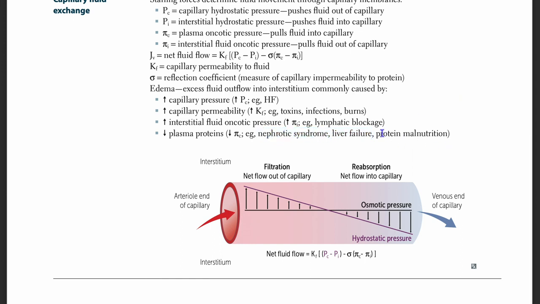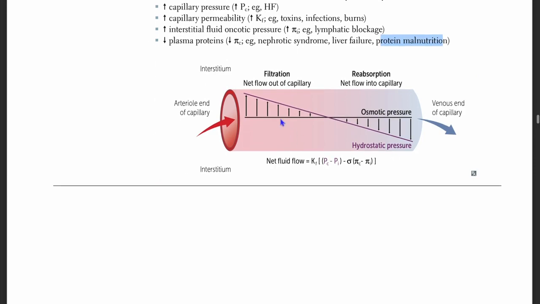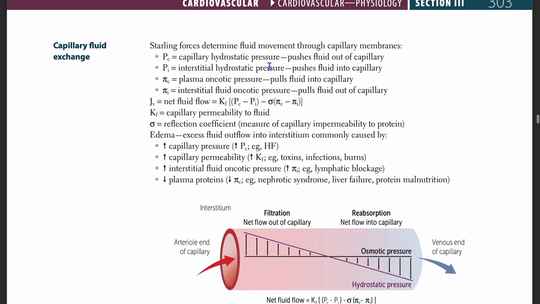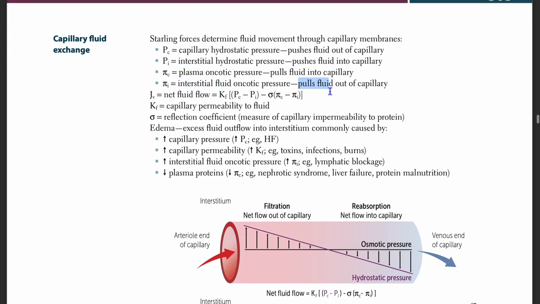And also if you don't eat enough protein, malnutrition. So just remember, hydrostatic pressure pushes and oncotic pressure pulls. Capillary hydrostatic pressure pushes fluid out of the capillary; interstitial hydrostatic pressure pushes it into the capillary. Plasma oncotic pressure pulls into the capillary, and interstitial oncotic pressure pulls fluid out.